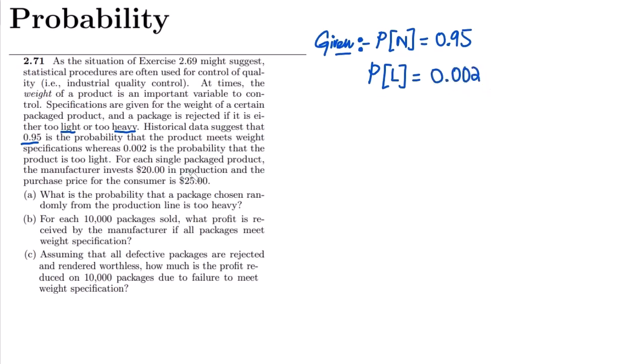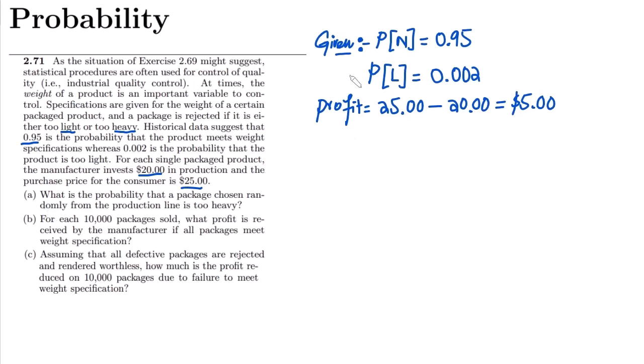For each single package product, the manufacturer invests $20 in production and the purchase price for the consumer is $25. So on the basis of it, we can find out the profit for each product, and that would be $25.00 minus $20.00, and that would be $5.00. Okay, so on the basis of these two items, we have found out the profit in each item.